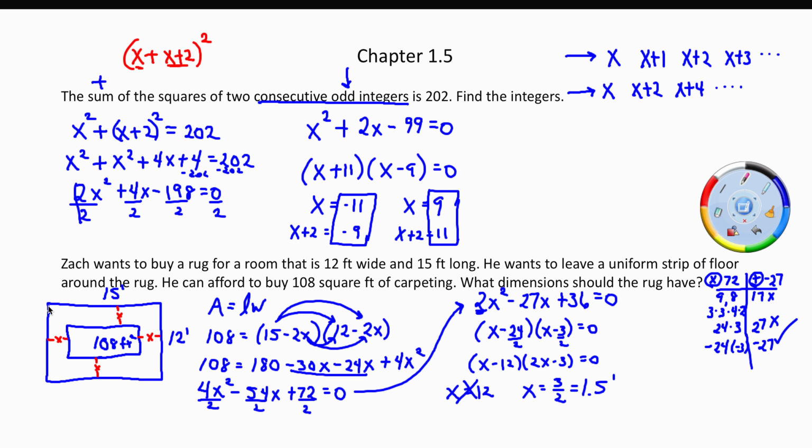So if this is 1.5 feet and this is 1.5 feet, then the rug is 15 minus 3, or 12 feet long, and 12 minus 1.5 minus 1.5, or 12 minus 3, 9 foot wide. So the rug I need is 12 foot by 9 foot.